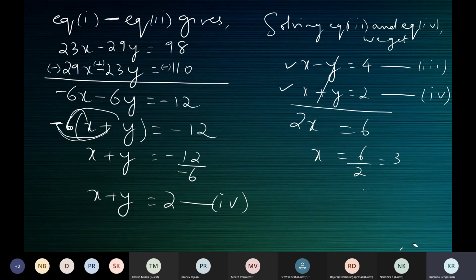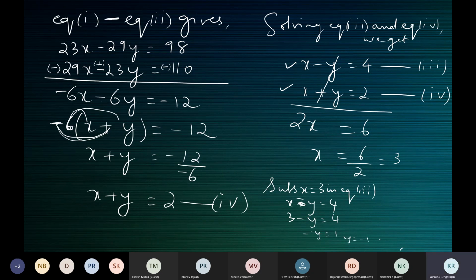Y is equal to 3. Substitute x is equal to 3 in equation 3. So x minus y is equal to 4. 3 minus y is equal to 4, minus y is equal to 1, y is equal to minus 1.